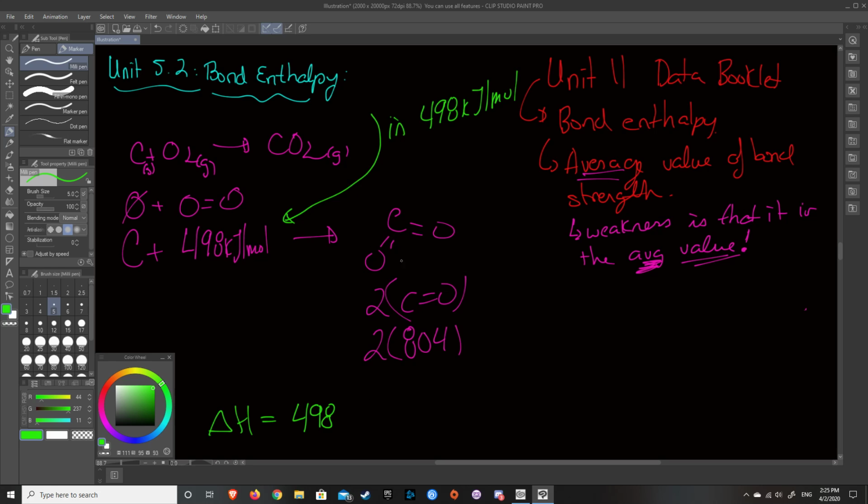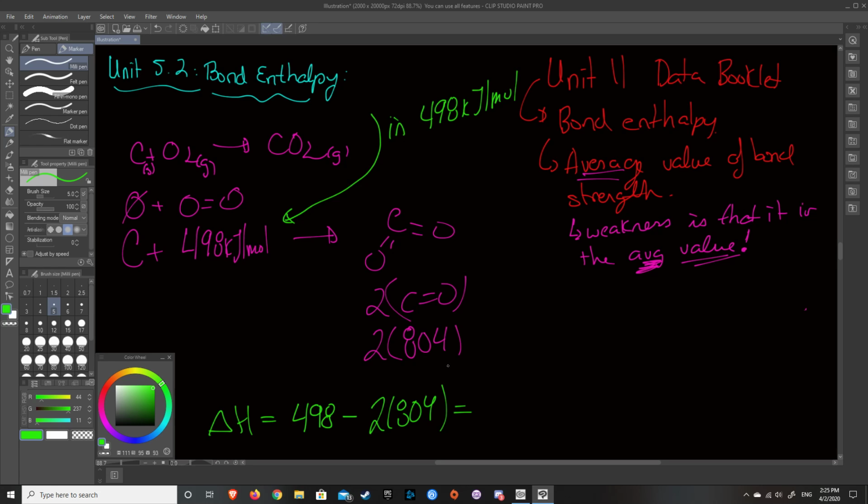But then we're forming bonds. We're forming carbon-oxygen bonds, which means that whenever you form a bond, energy is released. So we minus, because we're releasing energy, 2 times 804. So our delta H value, let me get my calculator right here, is 498 minus 2 times 804.